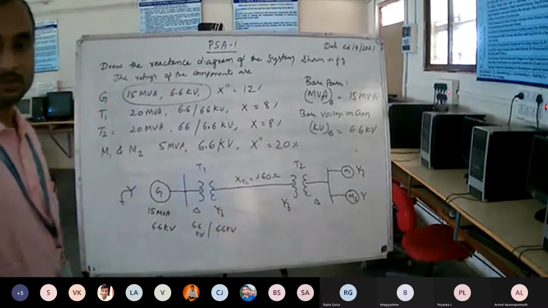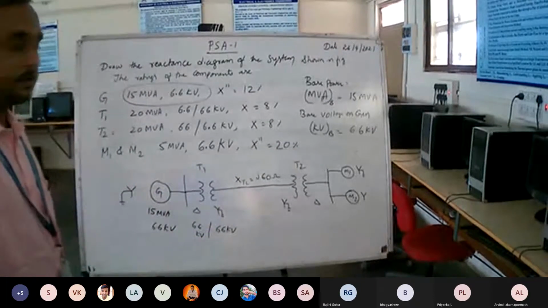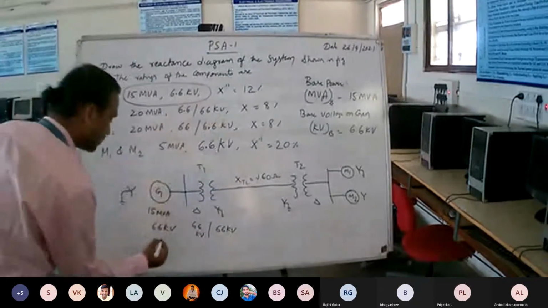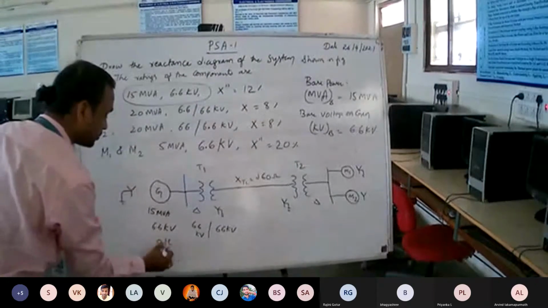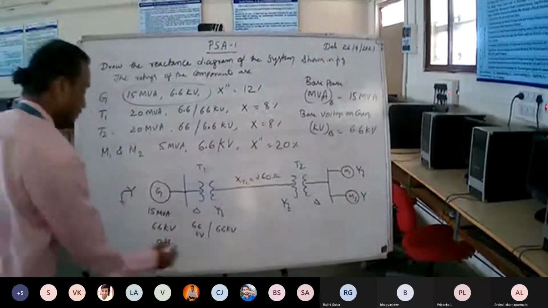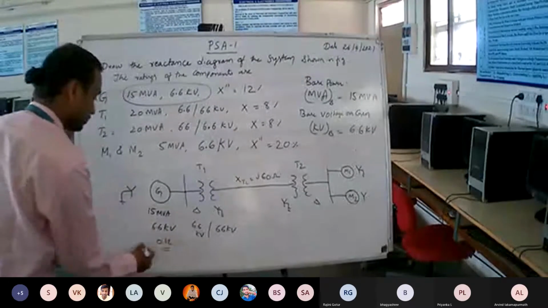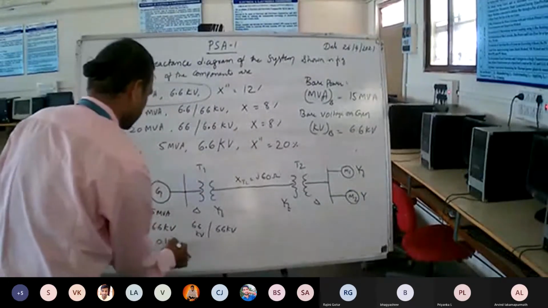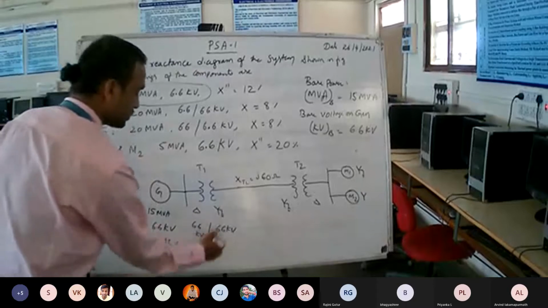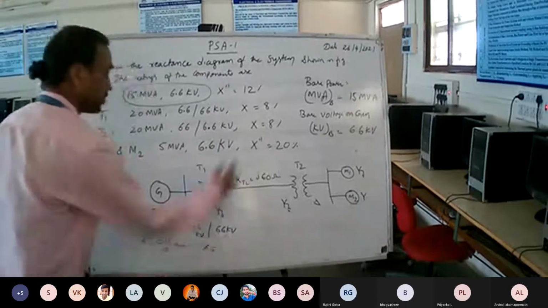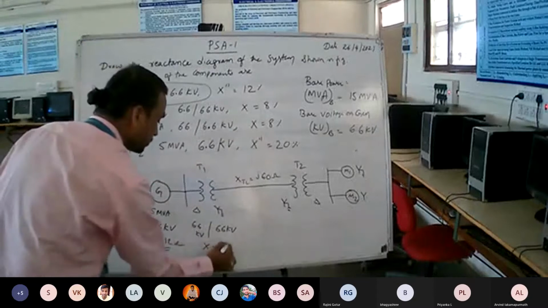That is the transformer rating, and X value is also given: 12% means 0.12 ohm. For this one, X is equal to 8%, which means 0.08 ohm.